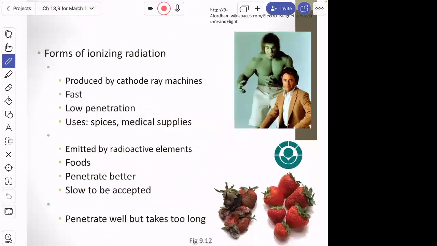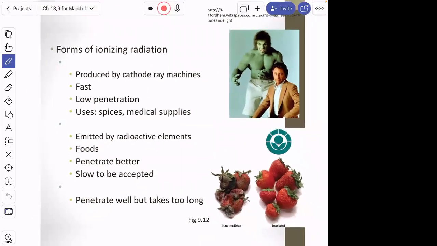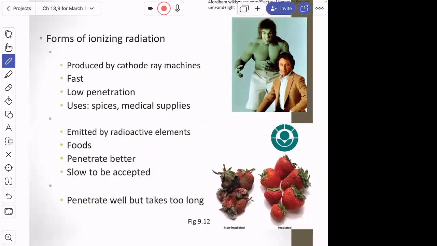So ignore the picture of Hulk just for the time being here. Forms of ionizing radiation. So we could produce an electron beam. Okay, and this is going to be the shortest wavelength, and produced by cathode ray machines.